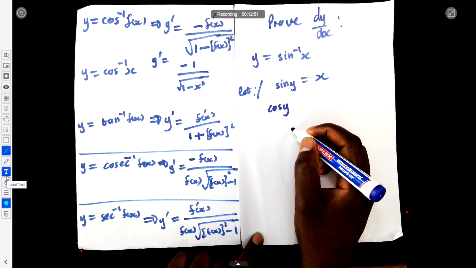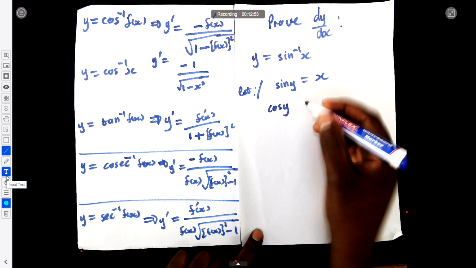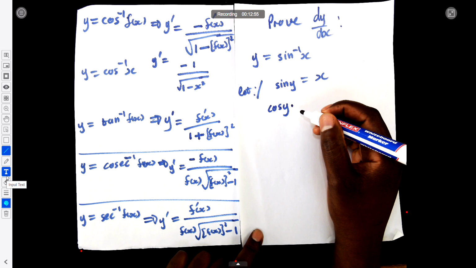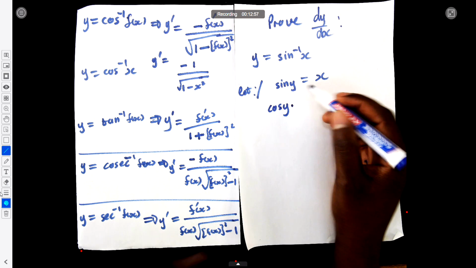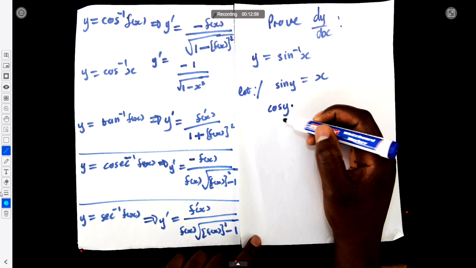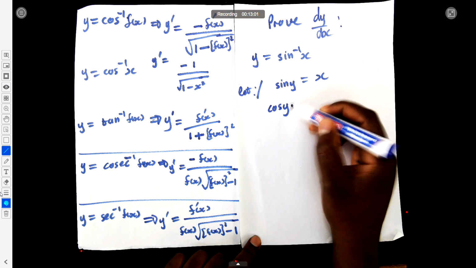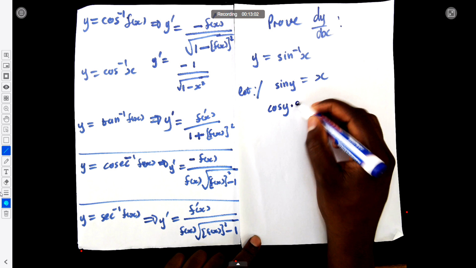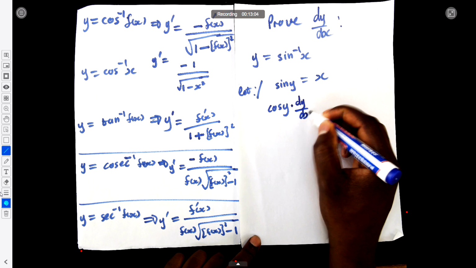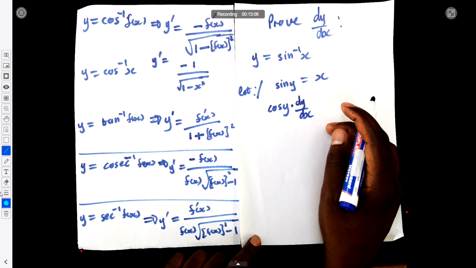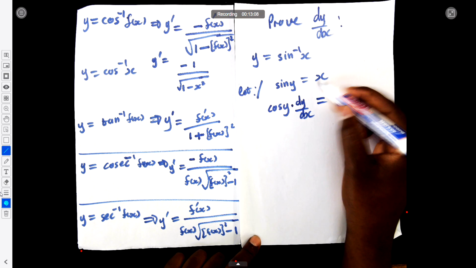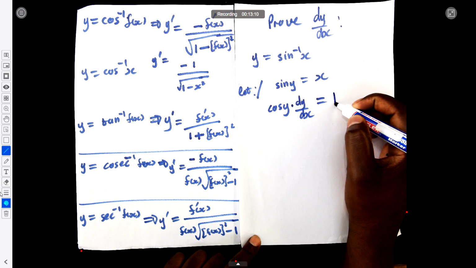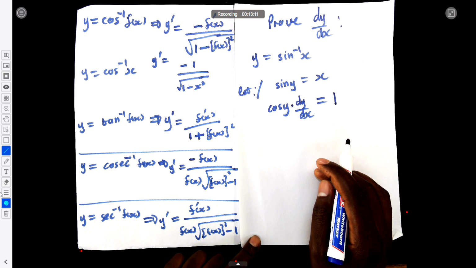Make sure you multiply by the change in y over change in x, because we must also differentiate the angle, which gives dy over dx. I hope you agree. Therefore it equals the derivative of x in terms of x, which is 1.